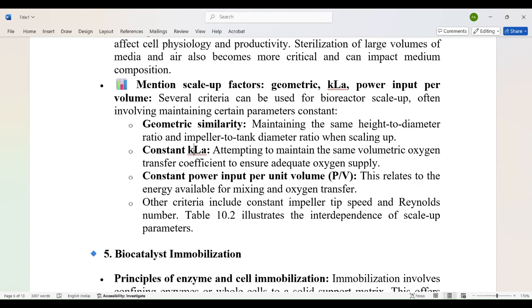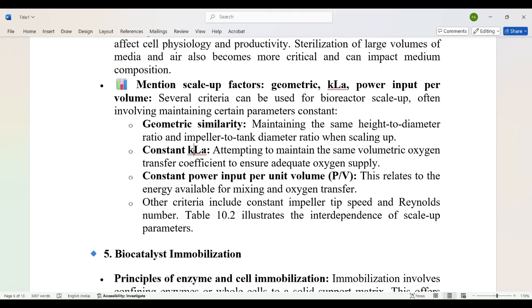And we need to maintain oxygen transfer rate as well as oxygen uptake rate with some synchronicity. What do I mean by synchronicity?